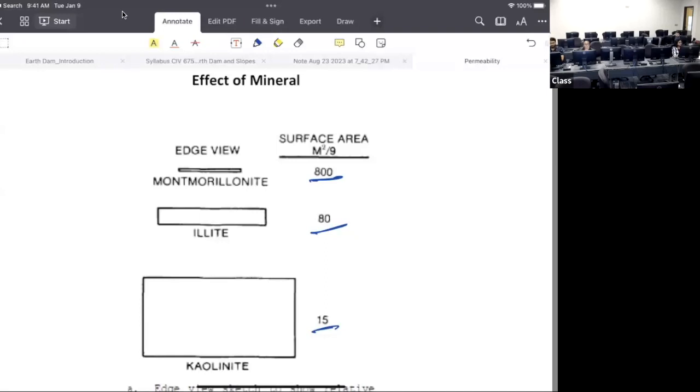But the problem is how you're going to do the milling and mixing with this soil. All the laboratory experiments on stabilization of expansive soil with lime are great. It's really great. Why?